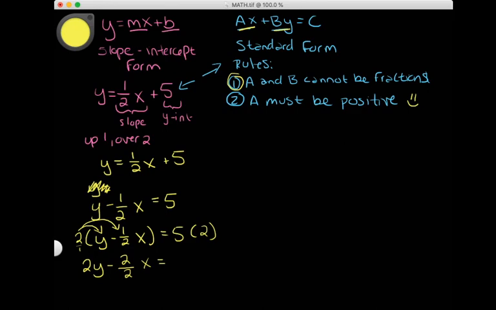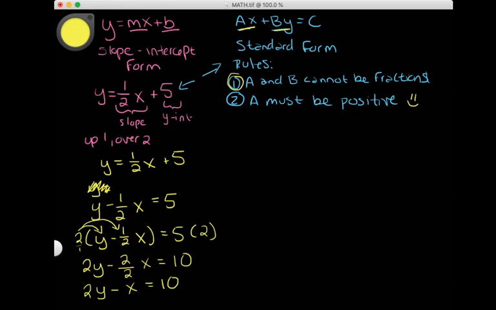On this side, 5 times 2 is 10. We can take this negative 2 over 2 and rewrite it. Those two 2's cancel each other out and become a 1. So I'm just going to rewrite this as 2y minus x equals 10.